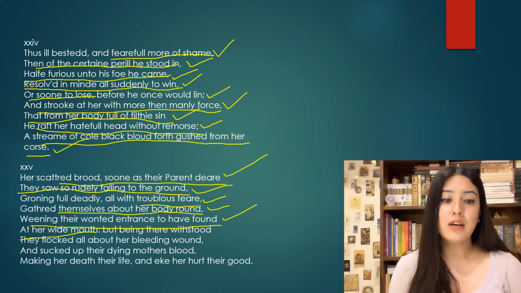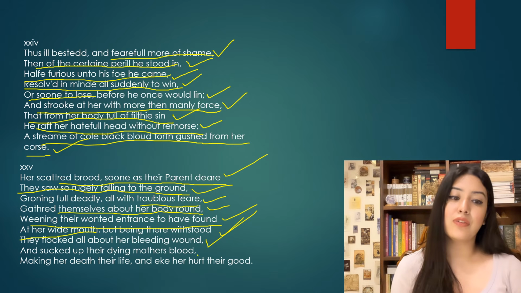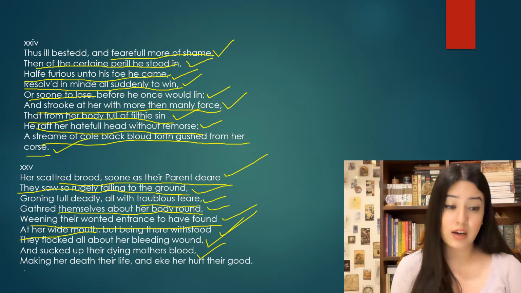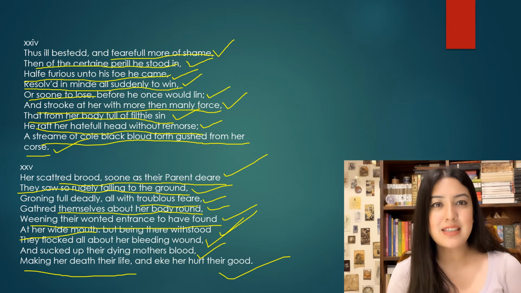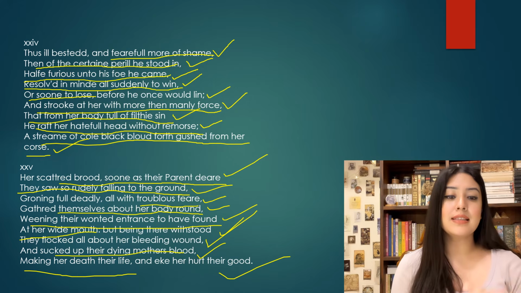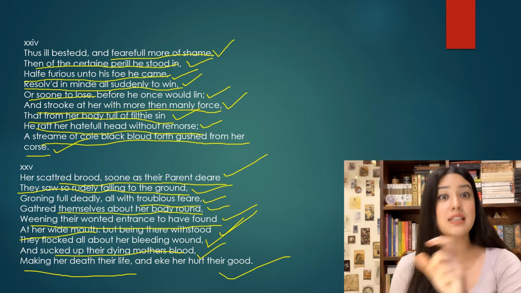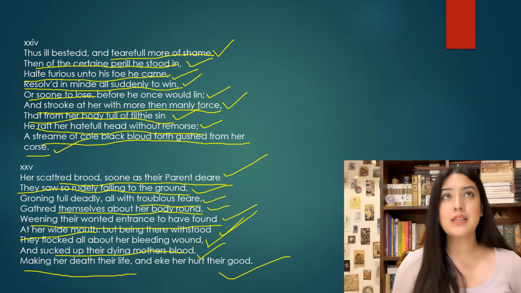But being there withstood, they flocked all about the bleeding wound and sucked up their dying mother's blood, making her death their life, and eke her hurt their good. So they suck her blood and her death becomes their life.